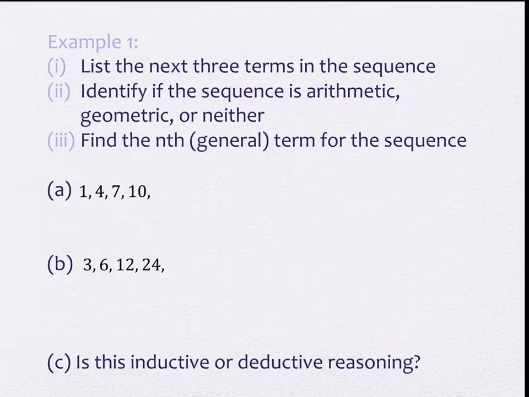We're going to decide if it's arithmetic, geometric, or neither. And then we're going to find the nth, or general, term of the sequence. So, number 1, letter I, is usually the easiest part. The pattern is 1, 4, 7, 10. Without saying anything to your neighbor right now, write down what you think the next 3 terms are. What would come after 10? Don't say anything. Just write it down.